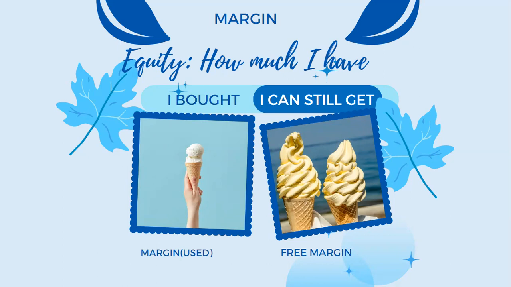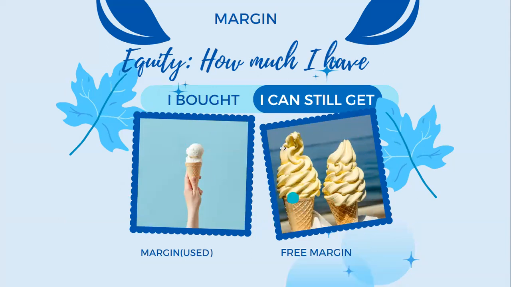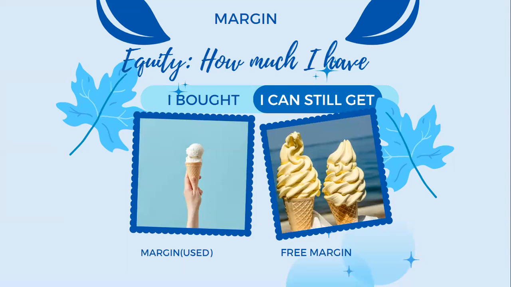Because you have $1 worth of ice cream and you've got $2 in your pocket. So your equity represents everything you have, but doesn't necessarily mean you can use all of it to enter into a new trade. You can only use the free margin, which is the $2. So this one is already tied up because you already bought an ice cream, and this one is not tied up. You can still get two ice creams from that.